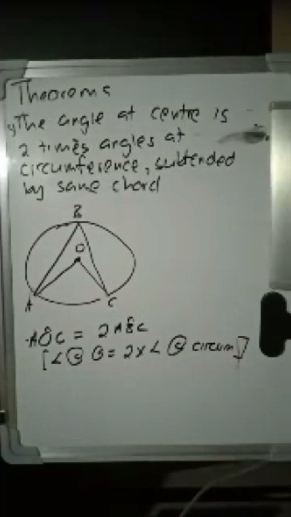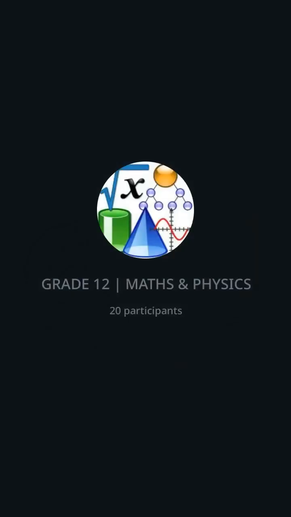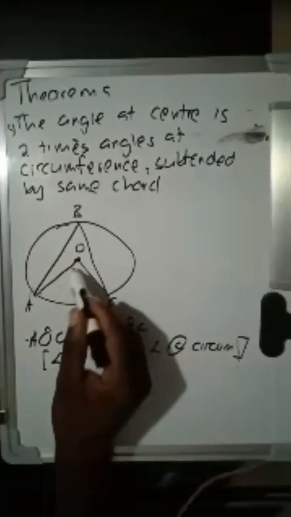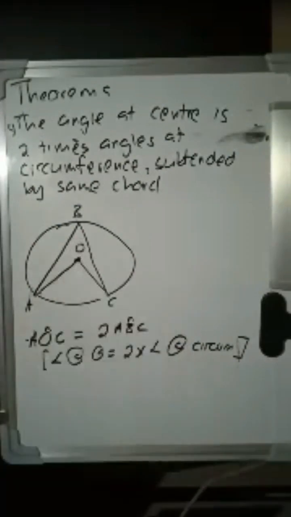So B there is half of O there, and O is twice B. That is angles at center equal to 2 times angles at the circumference when they are subtended by the same chord.